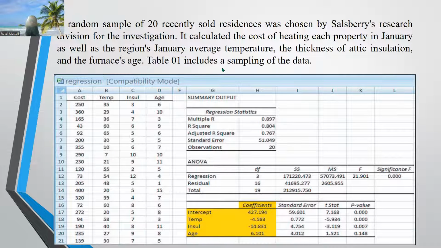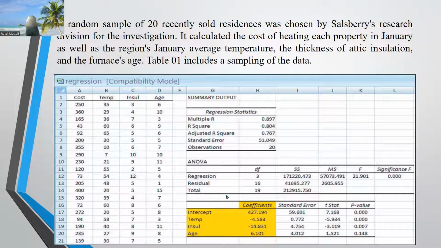Table number 1 includes a sampling of the data. Here, cost is the dependent variable. For one house, the cost is 250 while the temperature is 35 degrees, insulation of the attic is 3 and age is 6, and so on.